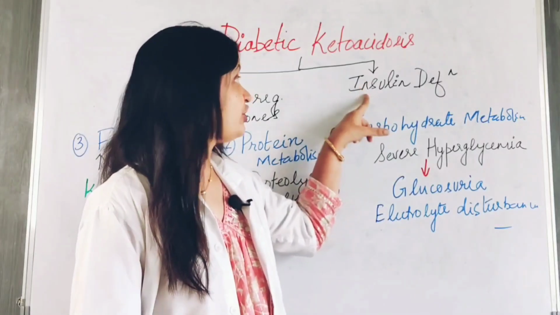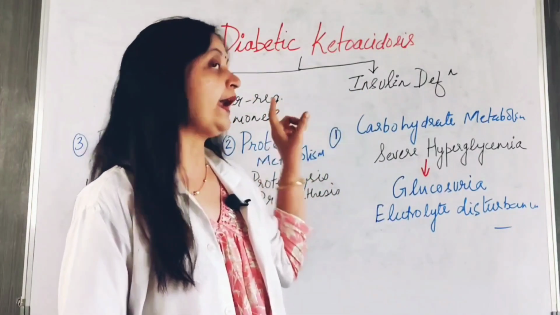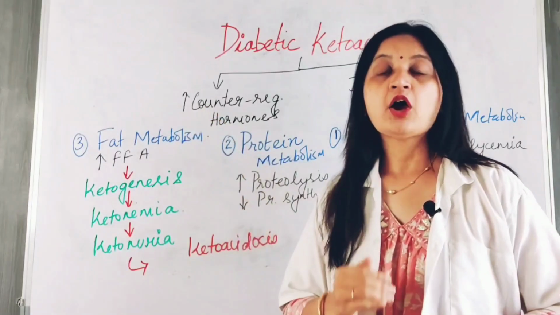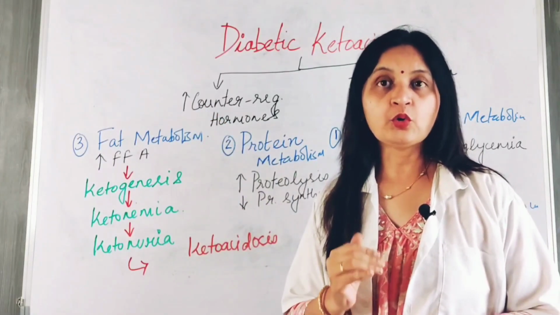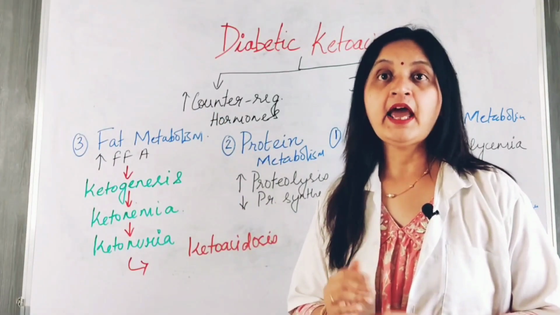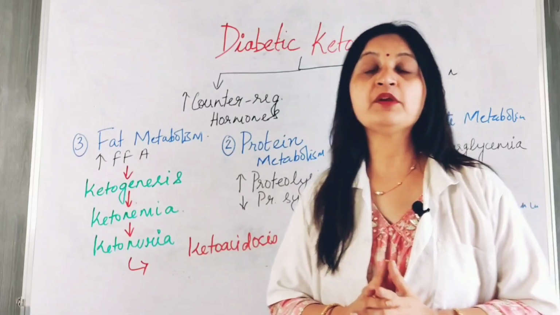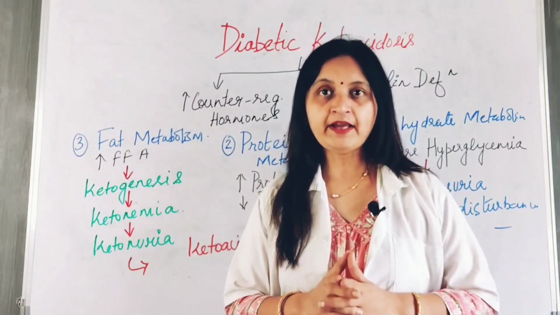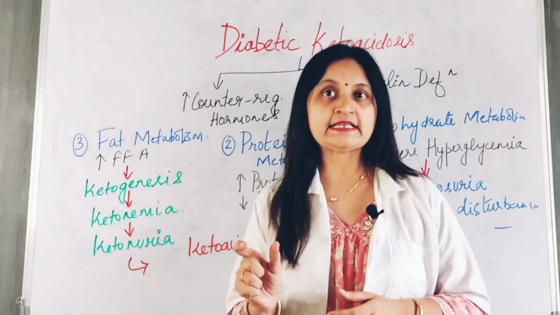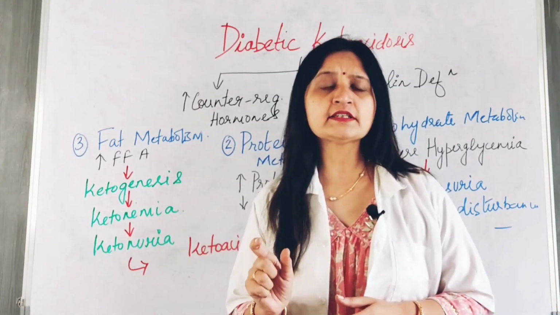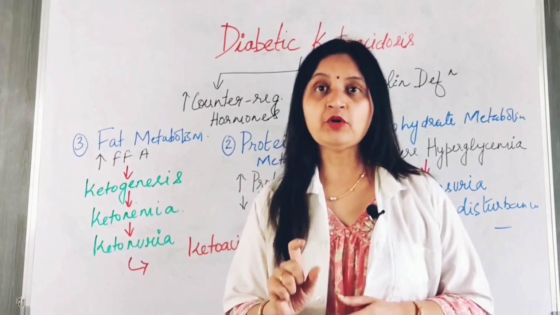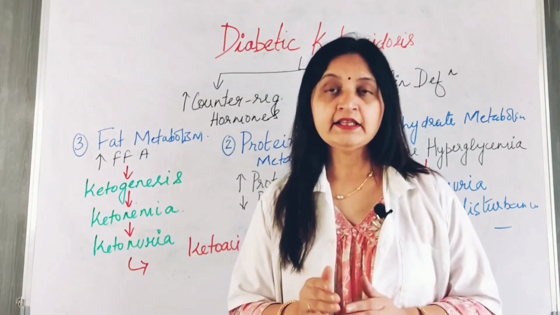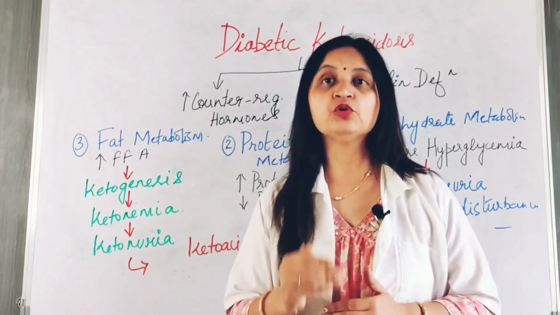The insulin deficiency is also accompanied by a rise in counter-regulatory hormones such as glucagon, cortisol, growth hormone, epinephrine, and these hormones are responsible for increase in the glucose output by the liver by the process of gluconeogenesis, that is the process of synthesis of glucose from amino acids, and also increase in glycogenolysis, that is breakdown of glycogen to glucose.